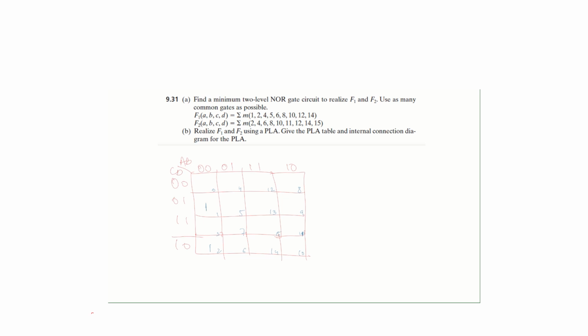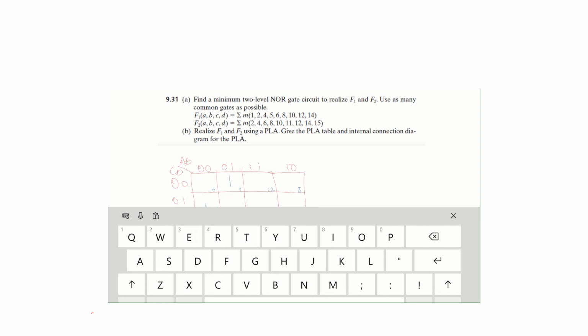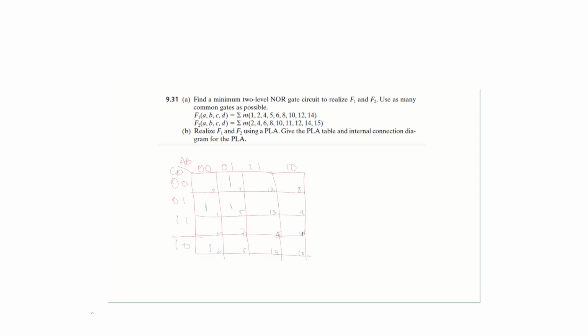So this is for F1. So 4 is 1, 5 is 1, 6 is 1, 8, and this is 0, 1, 10, 12 and 14. I'll write down all the zeros.